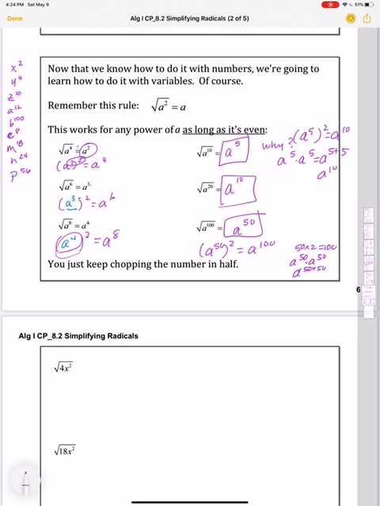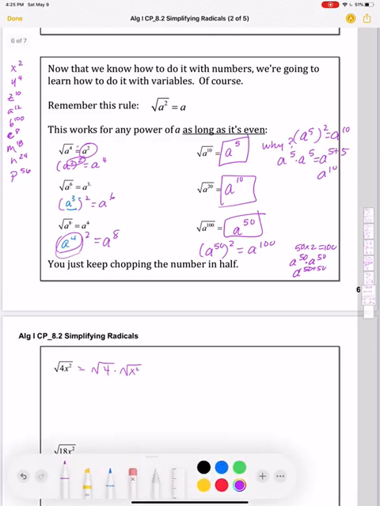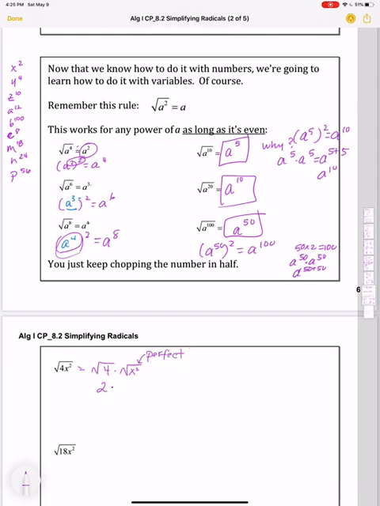So sometimes it's helpful to split this up and say, okay, the square root of 4 times the square root of x squared, and just deal with them individually. The square root of 4 is 2. And the square root of x squared, is this perfect? Yes, because it's an even exponent, is x. So the answer is 2x.